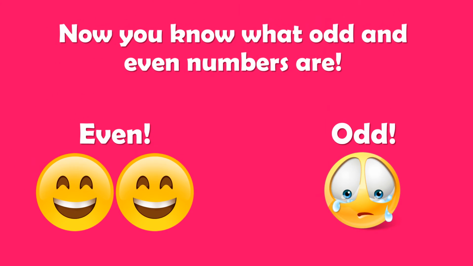Now you have learned what even and odd numbers are. Don't forget that even numbers are numbers that can be separated into pairs, and odd numbers are numbers that cannot be separated into pairs. They're the lonely ones, okay?